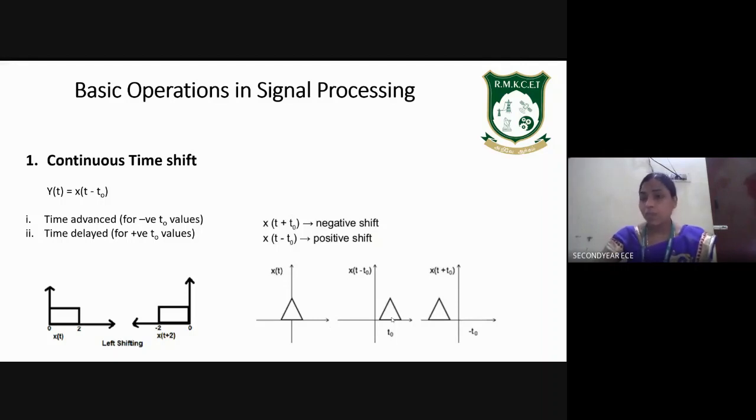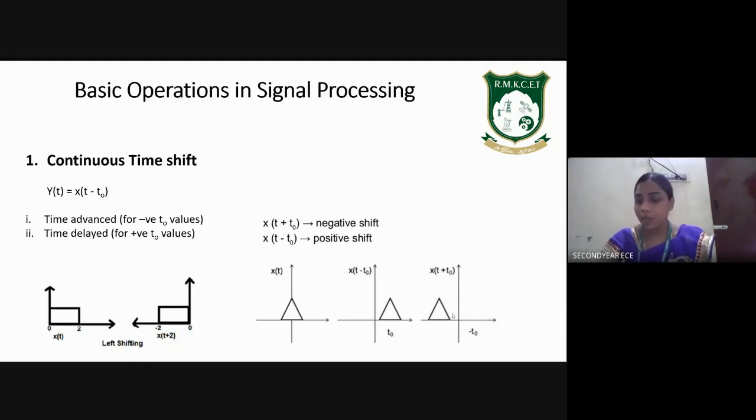And if we put time t plus t naught, if we shift this independent variable as t plus t naught, we are adding some constant time term t naught to our independent variable t, then you will get like this. If we add time, you will get the left-hand-side shifted version, and that is called time advanced.